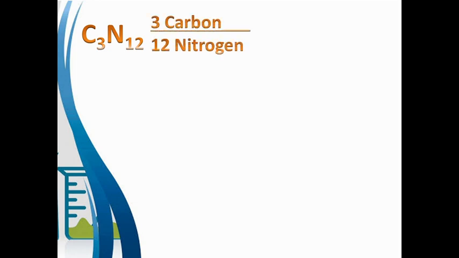Next example, we have cyanuric triazide. Cyanuric triazide has 3 carbons and 12 nitrogen. Of course, let's write it in a fraction. Then you would think what is the largest number that can divide both sides. It should be 3.